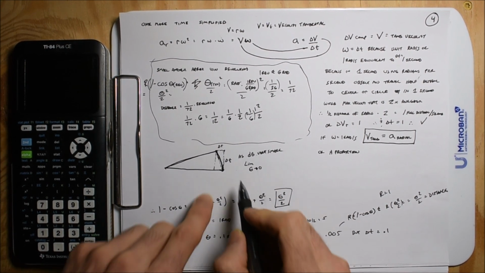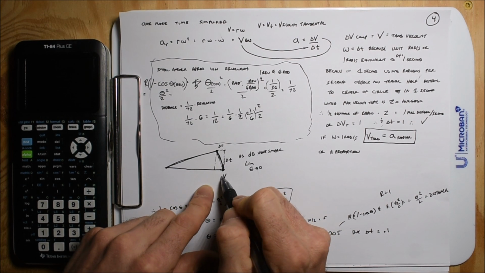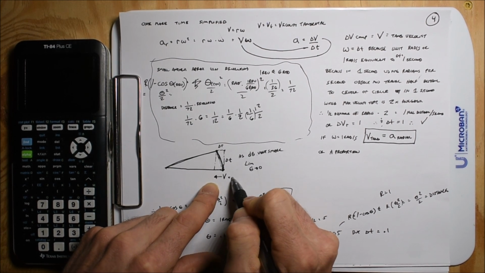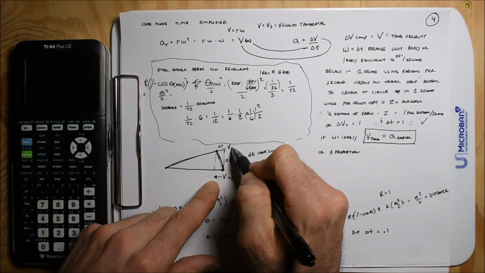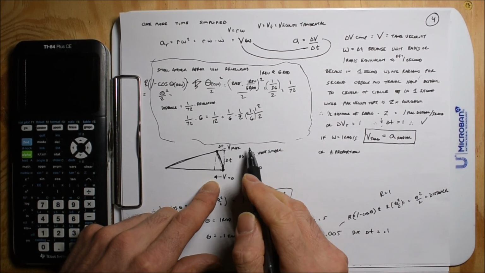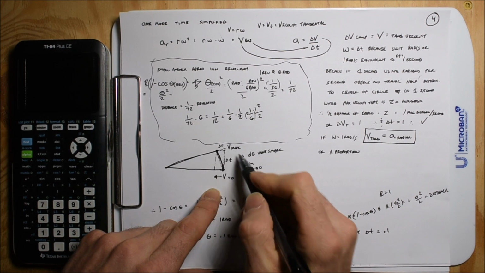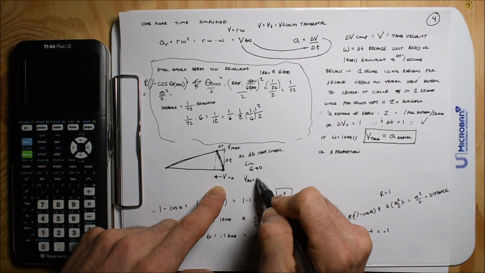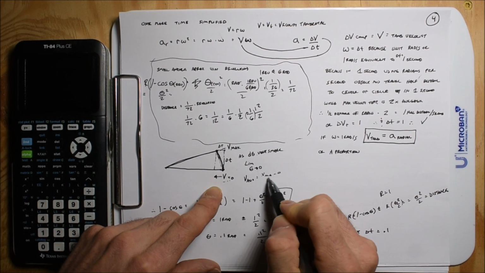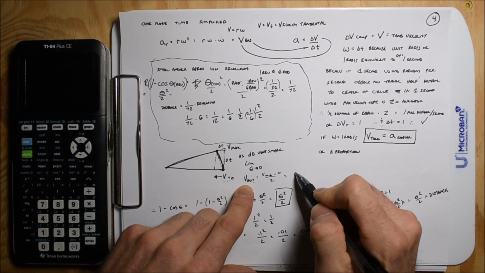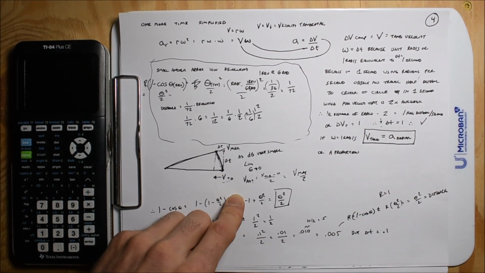But the key is that the velocity this way, right here, is equal to 0. But then the velocity up here has to be a max velocity. To get the average velocity, it's velocity final, which is Vmax, minus velocity initial, which is 0, divided by 2. So your average velocity is Vmax divided by 2.